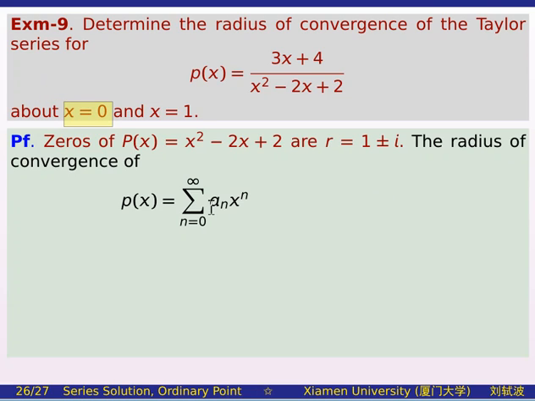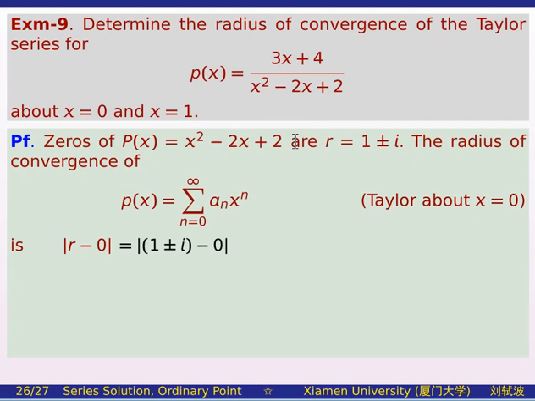The radius of convergence of this power series is the distance from 0 to the nearest zero of capital P. But the distances from x equal to 0 to both zeros of P, 1 plus i and 1 minus i, are the same. So the distance is the norm of this complex number.